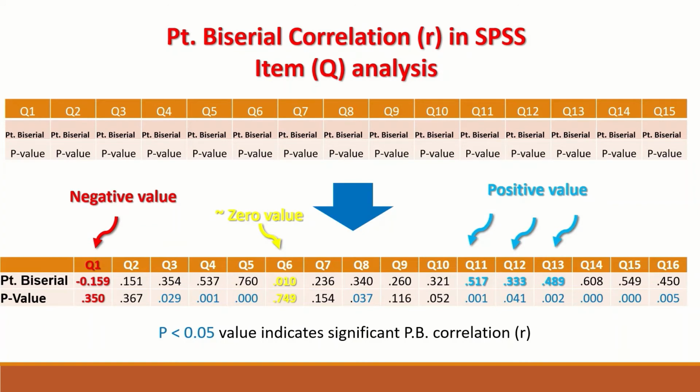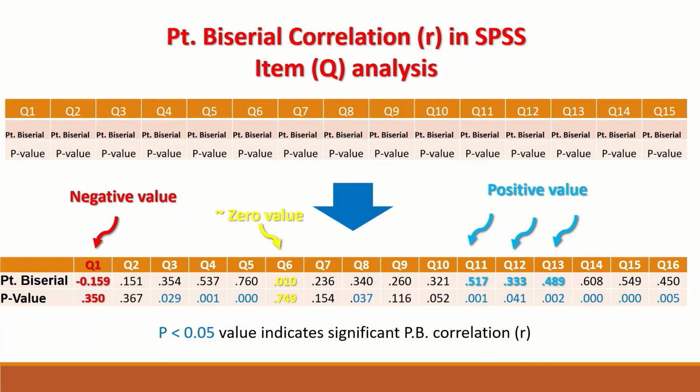If we look at questions number 11, 12 and 13, we can see that the R value is very high, 0.51 for question number 11, and the p-value is less than 0.05. So question 11 is a very good question in discriminating between students, categorized as a very good question.